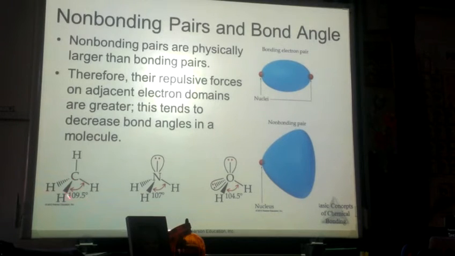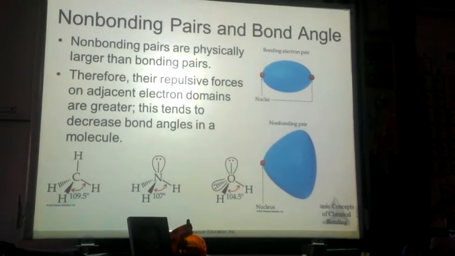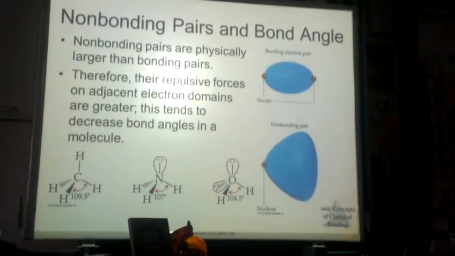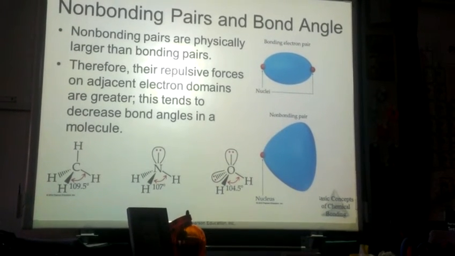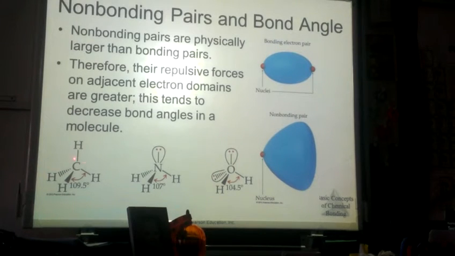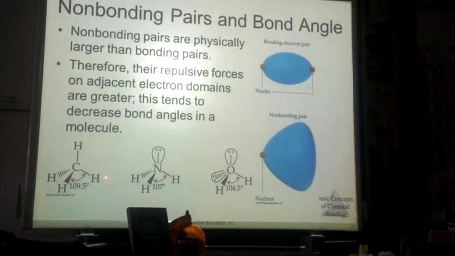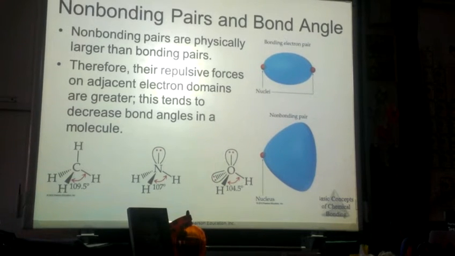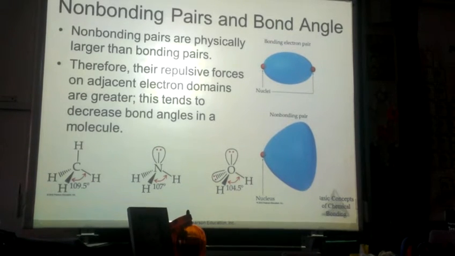So here I have 109.5 degree separation. That's what I see. Now, as soon as it loses that hydrogen here, I have a lone pair, and then I have 3 bonding pairs. So for example, NH3, ammonia, will do something like that. The bond angle between them is 107 degrees. So for a trigonal pyramidal, it is not 109.5, it is 107 degrees.